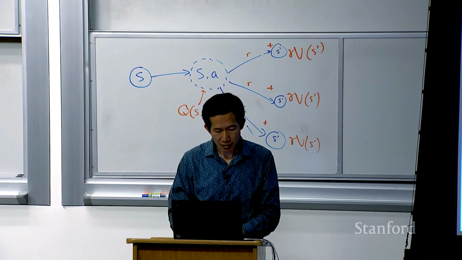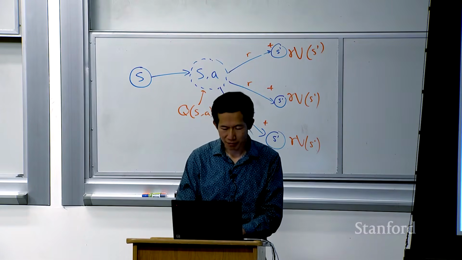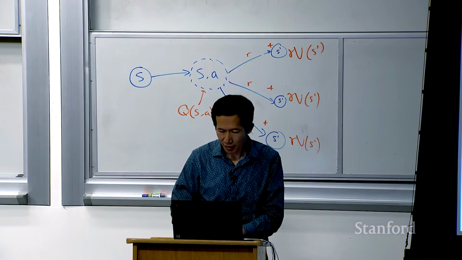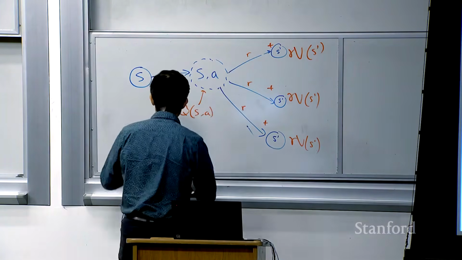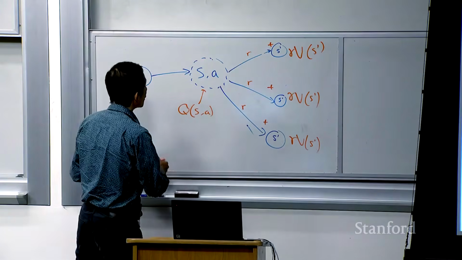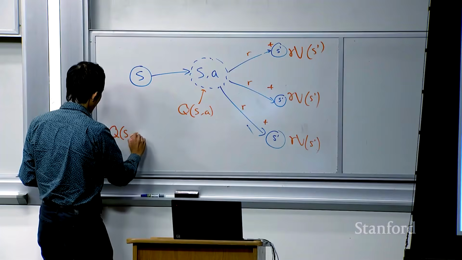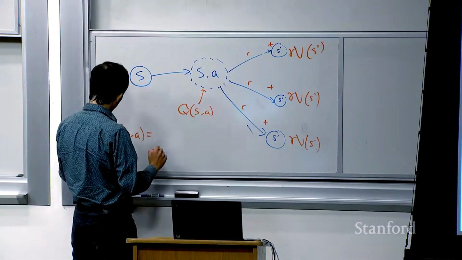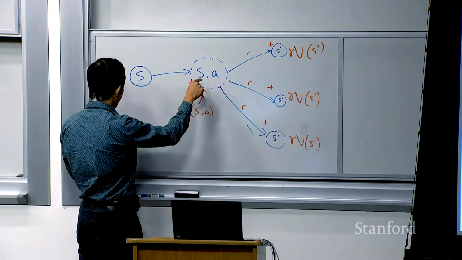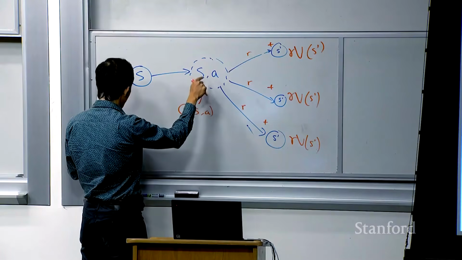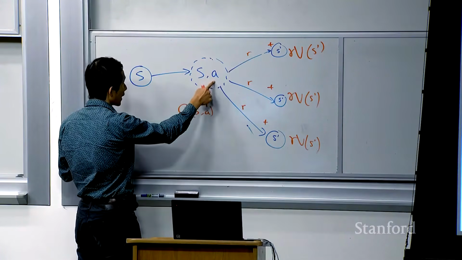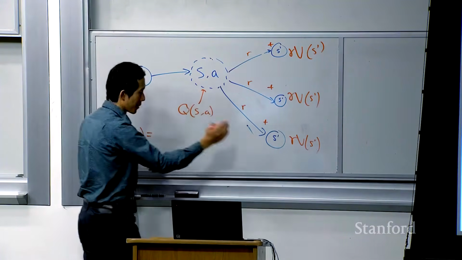Okay? So maybe I should also write this in math just to make sure people are aligned. So Q(s, a), this is supposed to be the value of taking action a in state s and then seeing what happens.